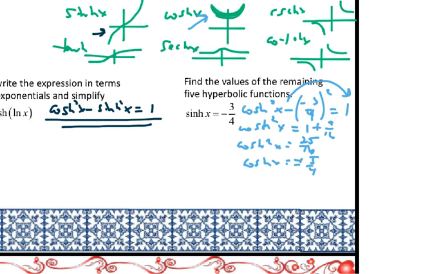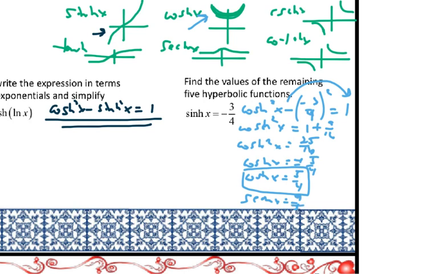Cosh is going to be 5/4. Then we have the reciprocal of cosh, which would be sech. We're just going to flip that upside down. So that would be 4/5.